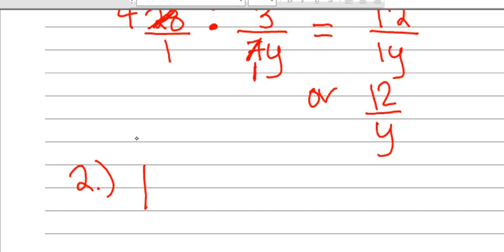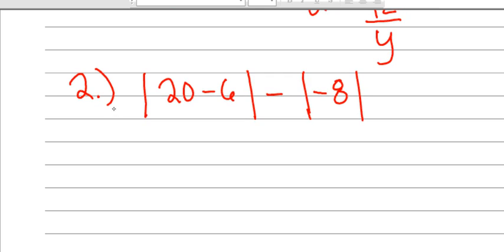Number 2 is an absolute value problem. So, what is 20 minus 6? It's 14.